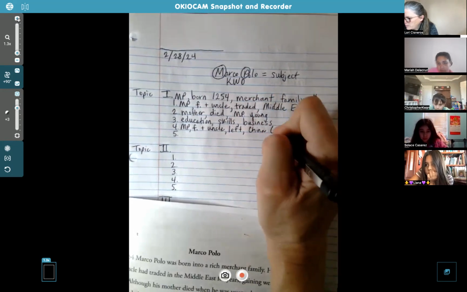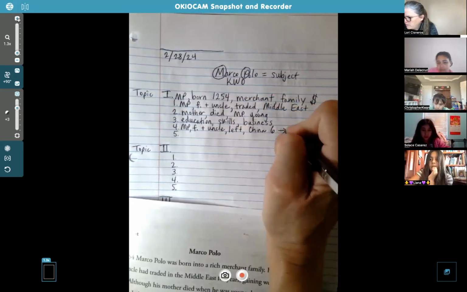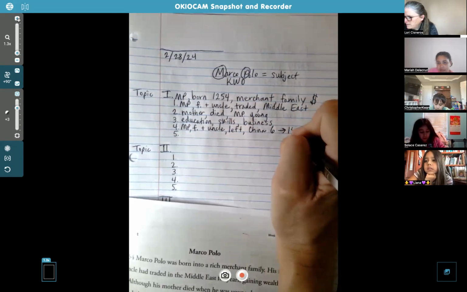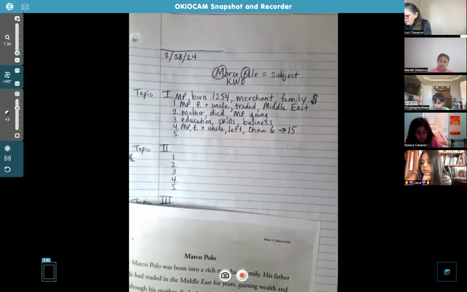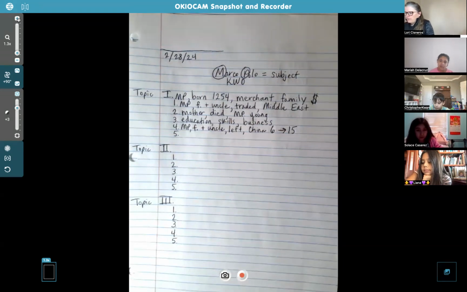I guess we could put the number 6 and then an arrow and then 15. Can we remember what that stands for? They left at 6 and they came back when it was 15. When you get to do this homework and you're like, what do I mean by that? I don't know what 6 to 15 means. Go back and look at that paragraph. It'll help you, okay?